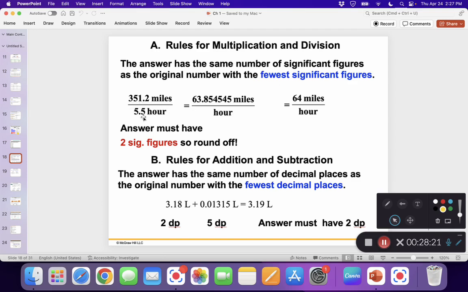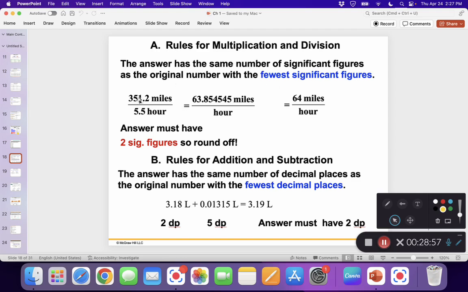Let's do this with an example. Let's say you have to divide 351.2 by 5.5. If you do this division, the calculator will give you all these numbers, but you have to report the final result in correct significant figures. So we have to follow this rule. The answer should have the same number of sig figs as the original number with the fewest sig figs.